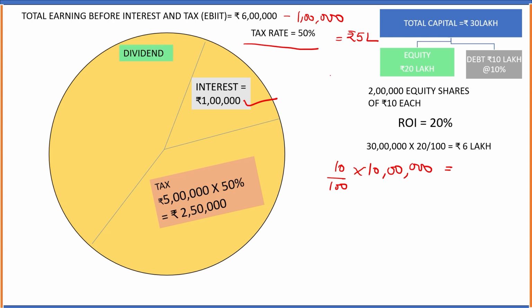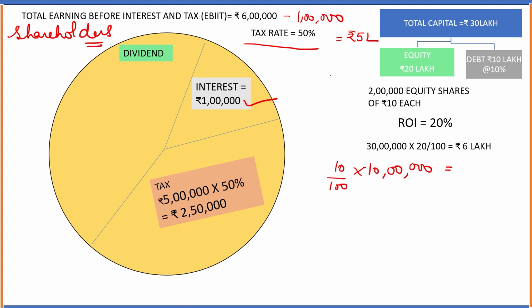Now whatever is remaining after payment of interest and tax is assumed to be distributed among equity shareholders. So that amount is called dividend. So when we talk in very simple manner, what is dividend? Dividend is that portion of the total profits of the company which is being given to the shareholders.